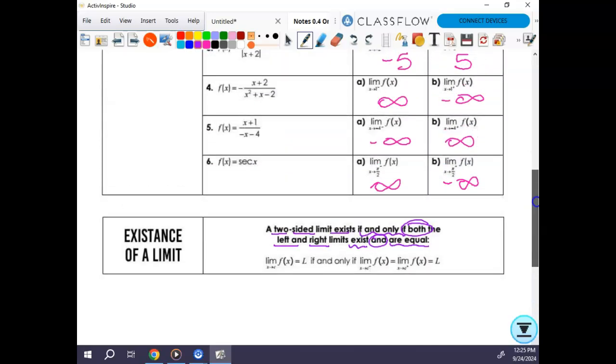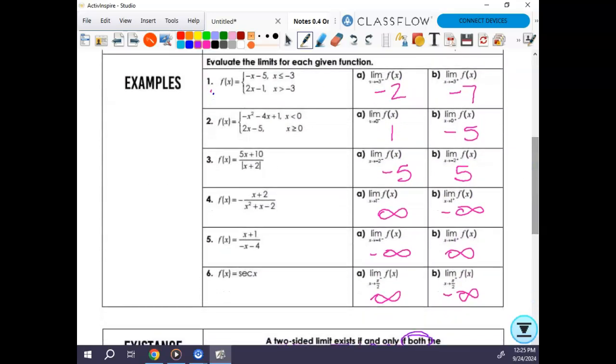So if I looked back up here, let's just look at number 2. We did, as we approach 0 from the left and the right. If I just have the limit as x approaches 0 of f of x, I don't have any left or right, just 0. Well, since from the left I approach 1 and from the right I'm approaching -5, this limit does not exist because I have to be approaching the same thing from either side. Okay? Does that make sense to you?